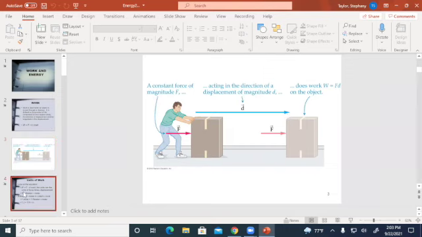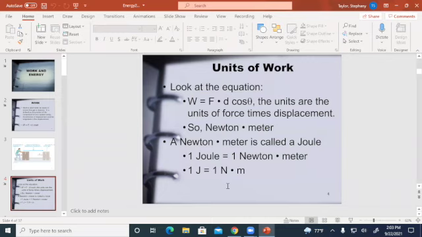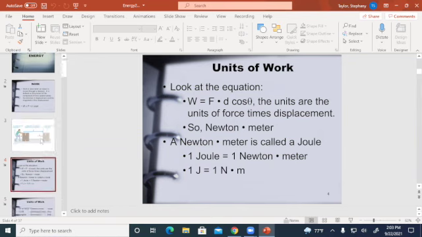The unit for work is force, which is newtons, times meters, which is your distance. So your SI unit is either newtons times meters, or it is also called a joule. Either one of those SI units will do. That is the SI unit for work.